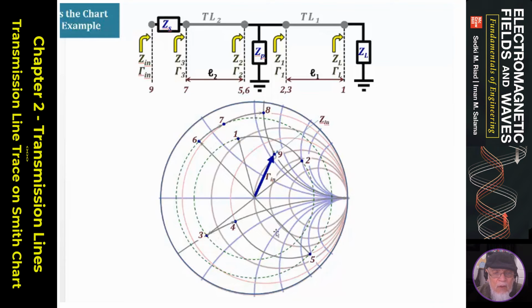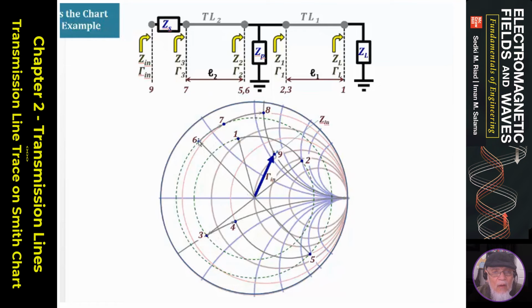Now I want to get the impedance, so I go opposite, 180 degrees, I get the impedance at 0.5 or 5 or 6, the same name, 5 or 6, that's the impedance right there, which means that this is your gamma at that location.